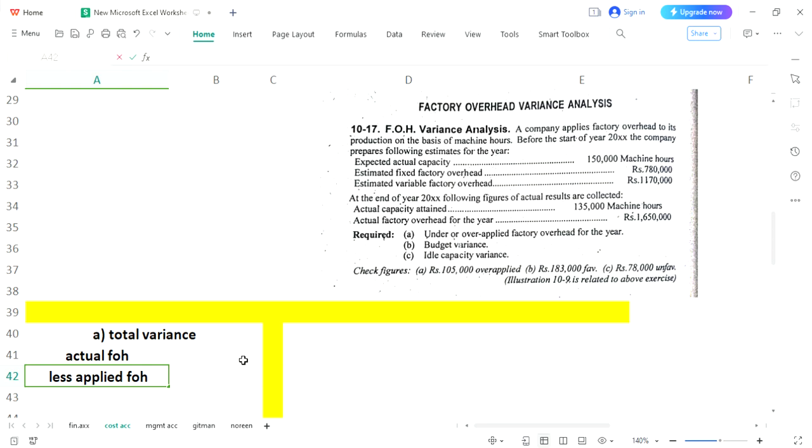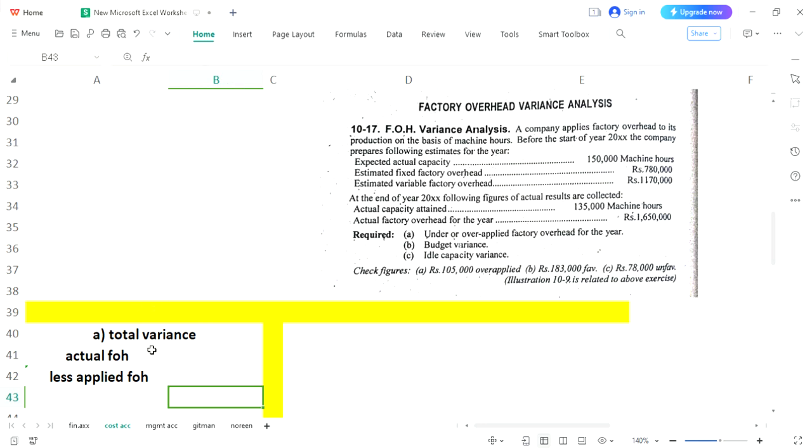Here you will write the amount of actual FOH, and this line will be used to calculate applied FOH and to write the final answer of applied FOH, and then you will get the answer over here. That means the variance between actual and applied FOH. So we can mark it as our answer.